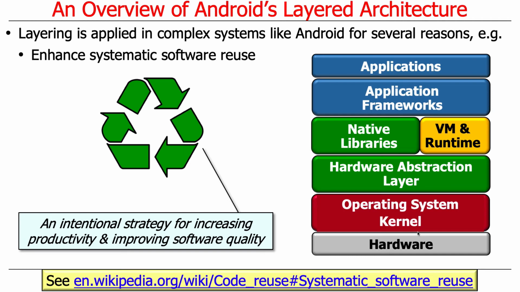All of those things are taken off the shelf. So that's also another example of systematic software reuse. You don't have to rewrite all those things from scratch. You can just leverage them and tweak them as you need to. There were, of course, some things that they did add, but even those things are carefully partitioned into different levels of abstraction, making it easier to maintain, easier to evolve, and so on.